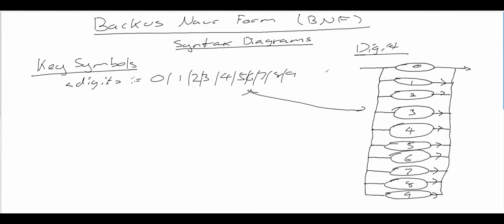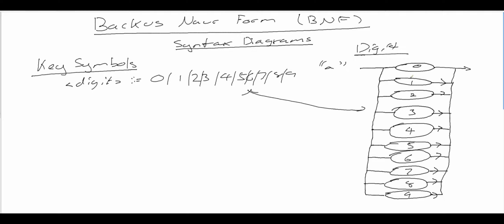So if, say, for example, I was trying to work out whether A was a digit, I would start at this entry point here and I would look down my column here of fundamental things that a digit can be, and say, can I pass through any of these? Is my A any of these?